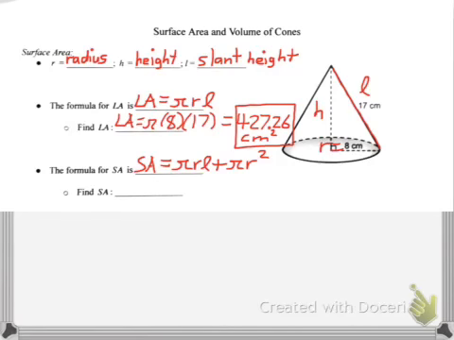The formula for surface area is we take the lateral area we just found and we add on the area of the circle at the bottom, which is pi times r squared. So for surface area, we'll plug in for pi r l the lateral area we just found, 427.26.